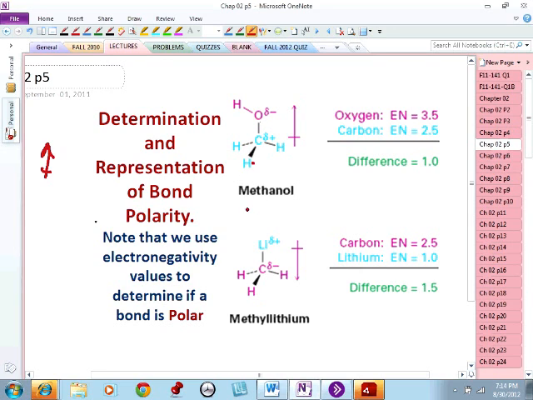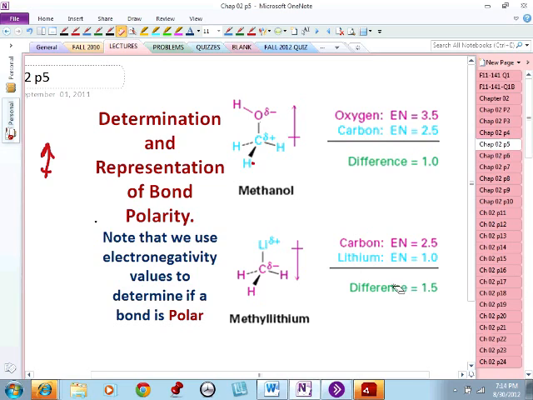Now, the same thing could be said of the bond between carbon and lithium. In this case, look at the electronegativity values. Carbon is 2.5 and lithium is 1, so the difference is 1.5. What would be the direction of pull of electrons?